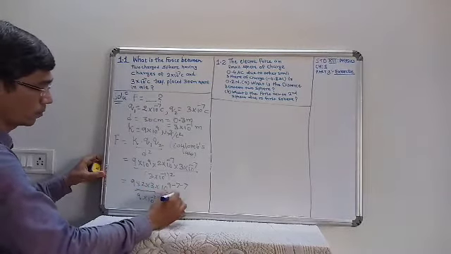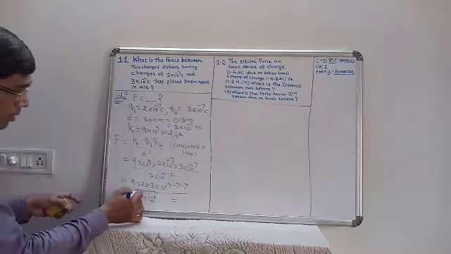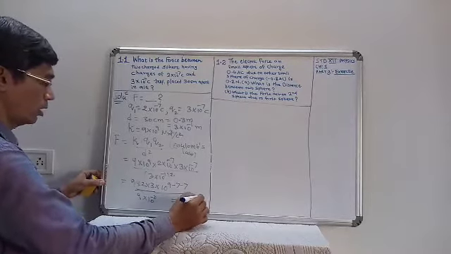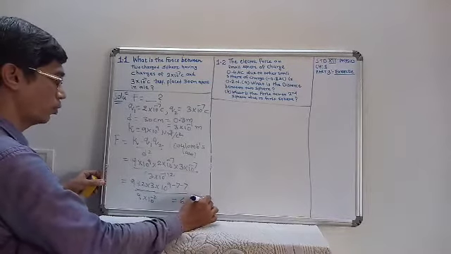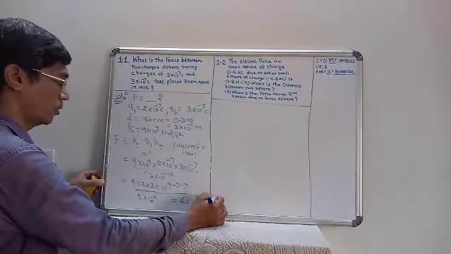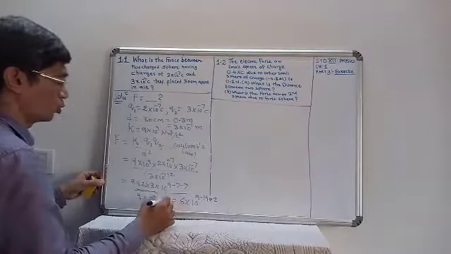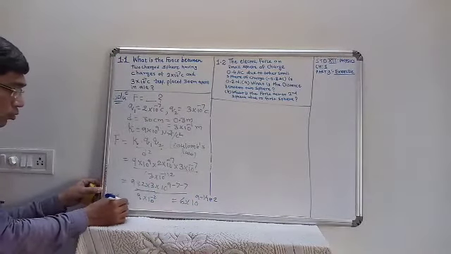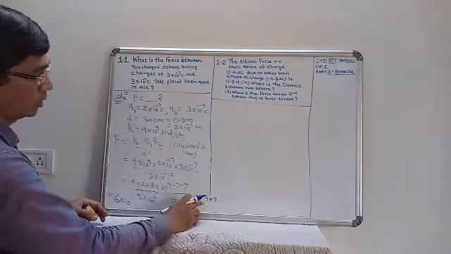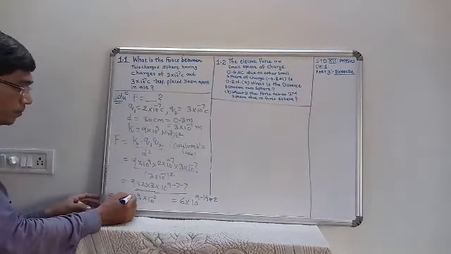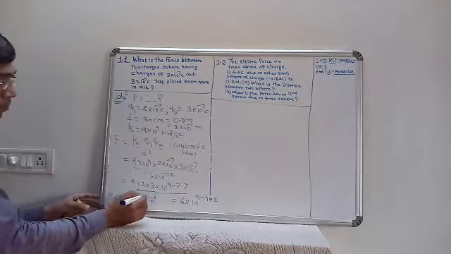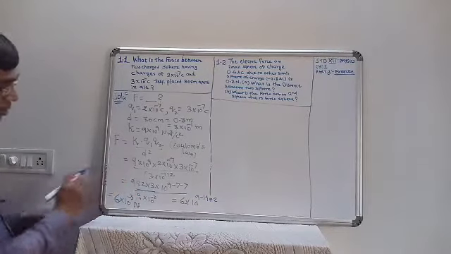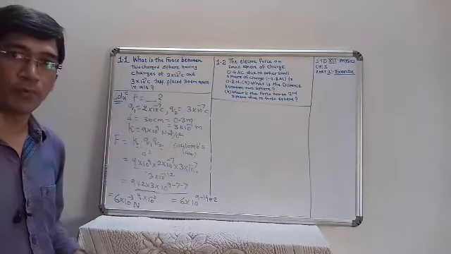So ultimately we get 6 into 10 raised to 9 minus 14 plus 2, that is 6 into 10 raised to 11 minus 14, which is minus 3, Newton. So the answer is 6 into 10 raised to minus 3 Newton.